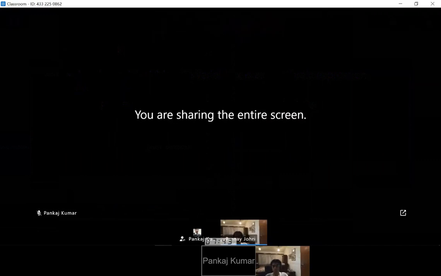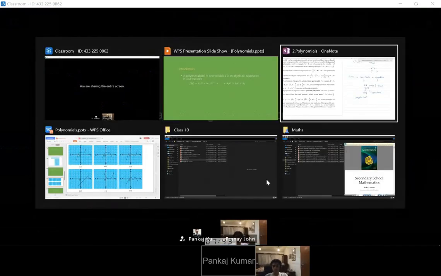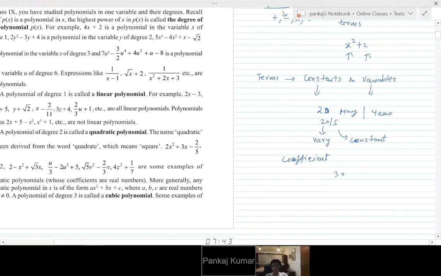Like in 3x, the coefficient is 3. So it is the part apart from the variable that we are considering. If 3x square is there, then 3 is the coefficient.